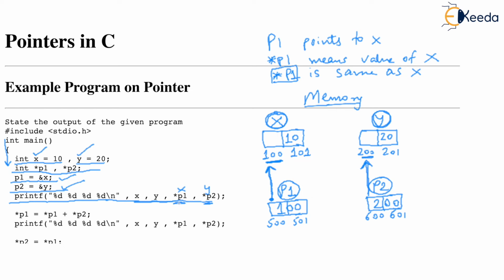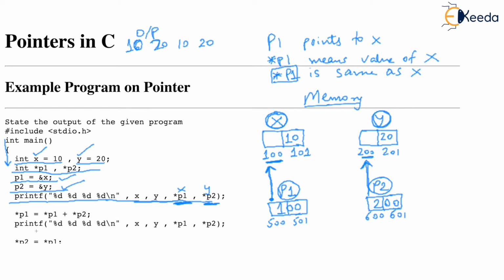So these two notations, *p1 and *p2, you can read as x and y. In fact, what printf is going to print is the value of x, value of y, value of x, value of y. So the first output I am writing here on top is going to be 10, 20, 10, 20.